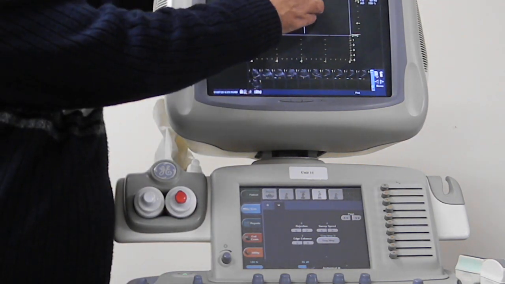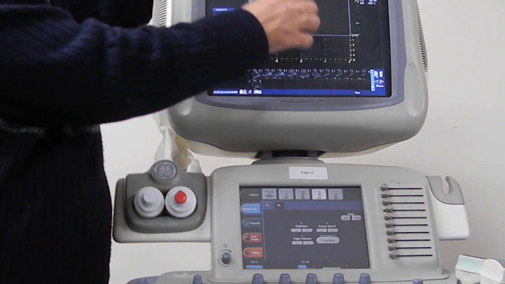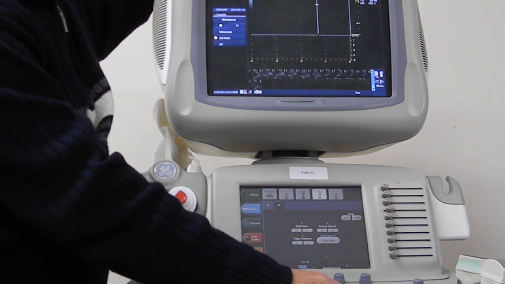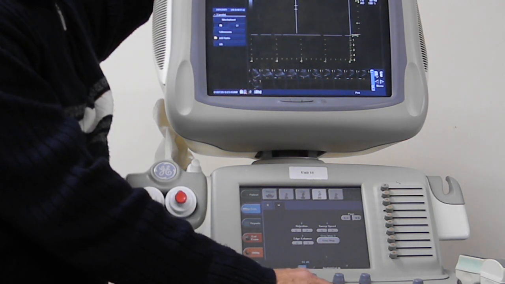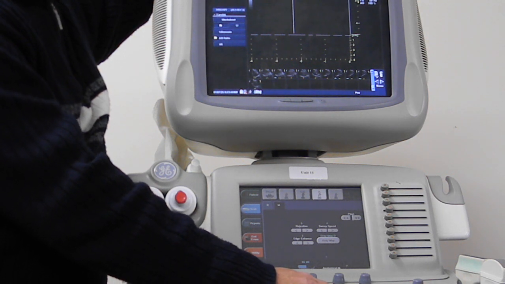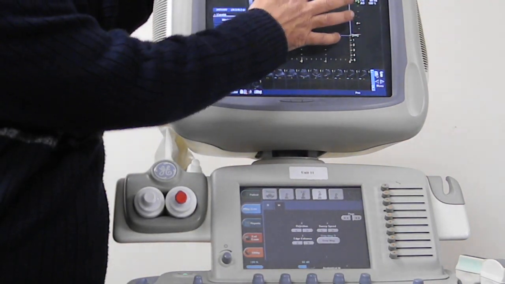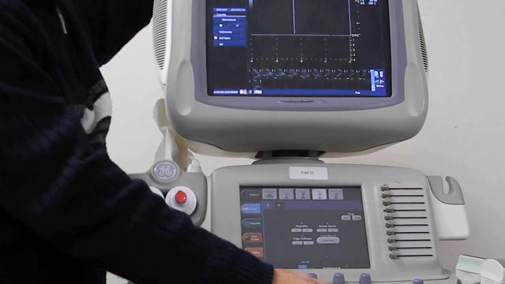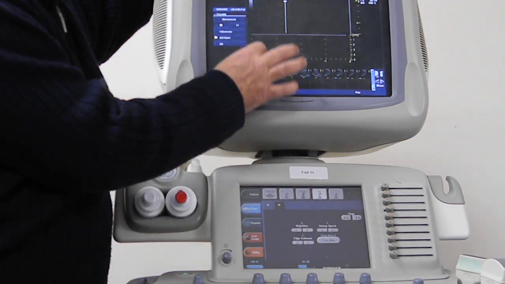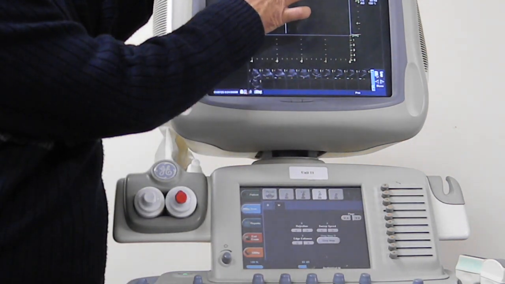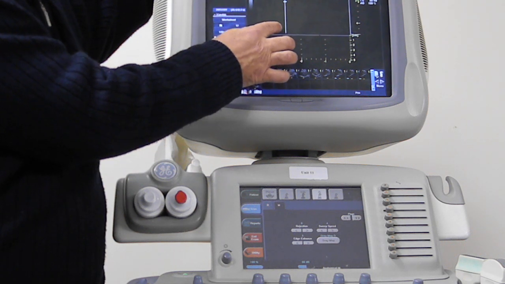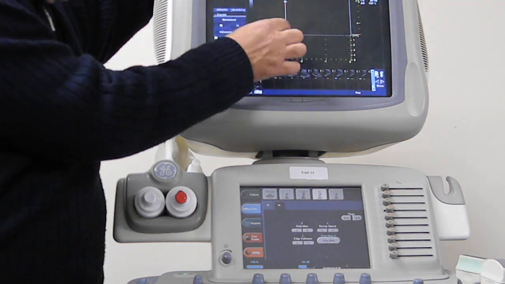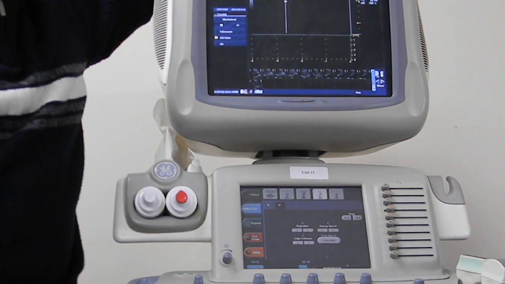So if you were scanning something that was moving along this plane, of course you can move that line up and down with your mouse. Because you say, well, I see a structure moving here, but I want to follow the movement in this area, or along this line. That's what is going to be recorded. So it will show you the recording of a change of motion over the course of time. This line here is going to be a chronograph.